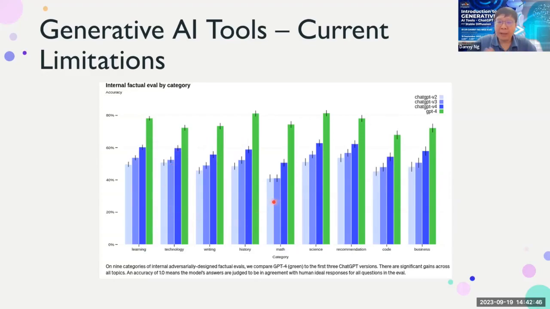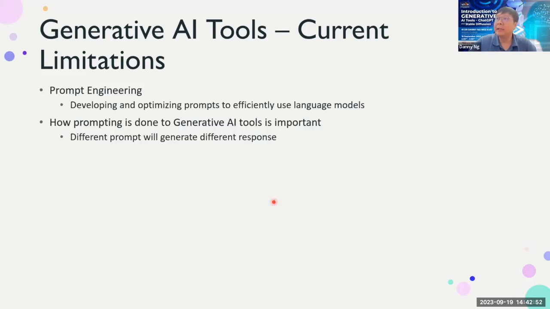So these are things that you need to take note of when you're using the tools. When we are using it, it is very important for us to develop and optimize the prompting itself to ensure that what we get is what we wanted to see.